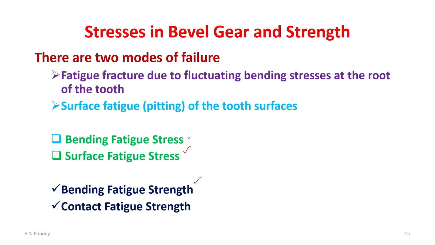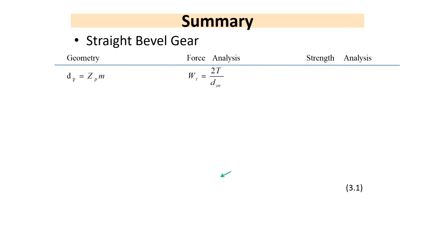But the problem is the bending fatigue stress has different factors taking care of the actual situation of the transmission of the power, and correspondingly we have to do the analysis in this way.